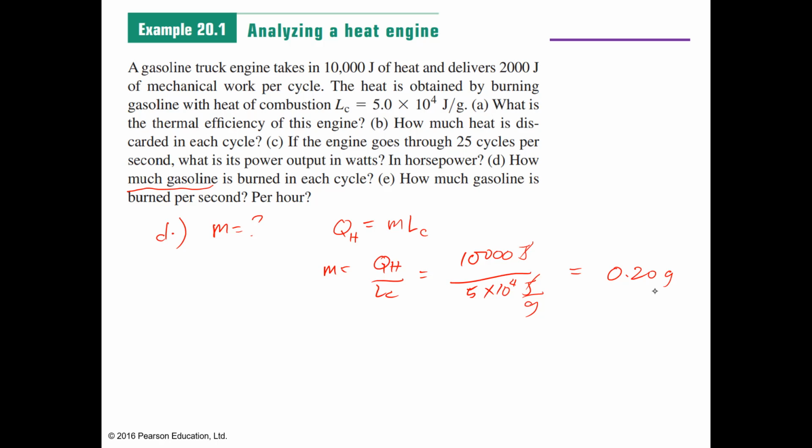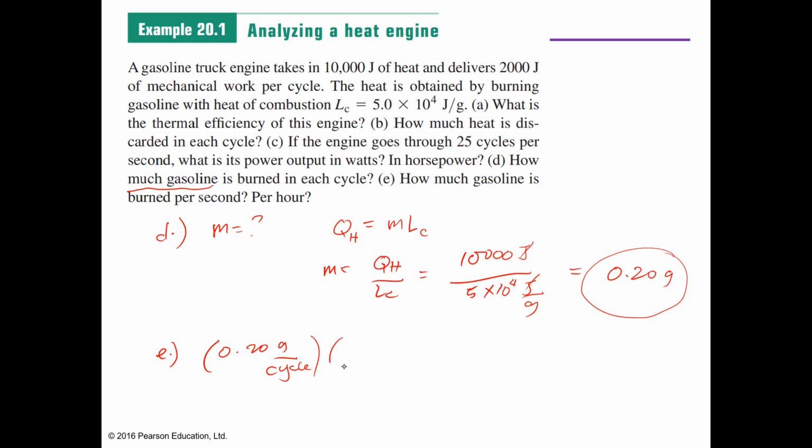So in each cycle, you burn gasoline with a mass of 0.20 grams. Okay, 0.20 grams. For letter E, how much gasoline is burned per second? So for letter E, how much gasoline is lost or burned in your engine every second. So we know that in every cycle, we burn 0.2 grams per cycle.